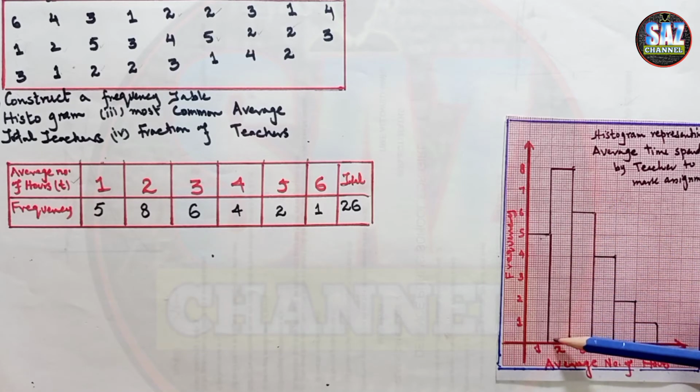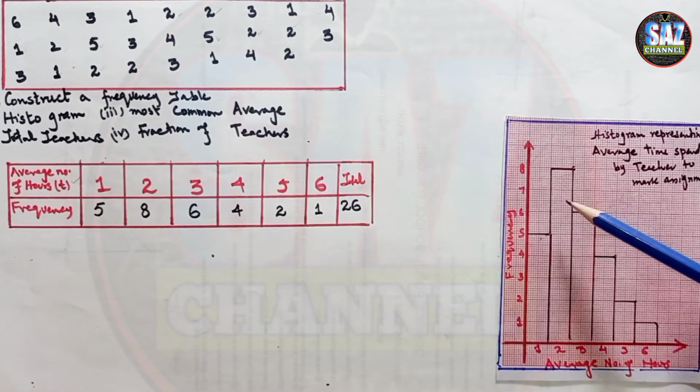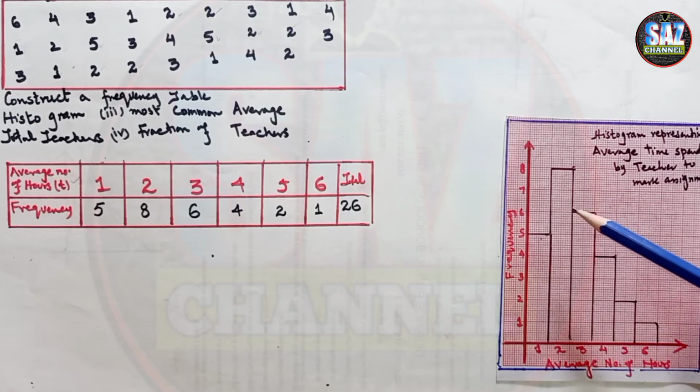We can see that at 2 we have the tallest rectangle, so it means that the most common average number of hours will be 2.